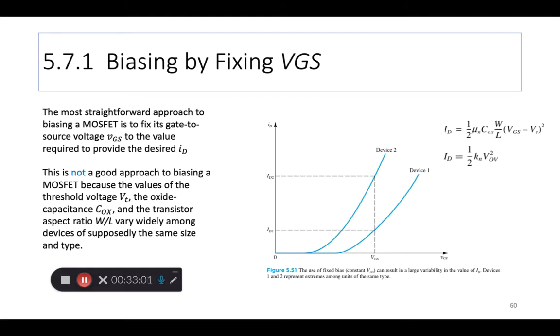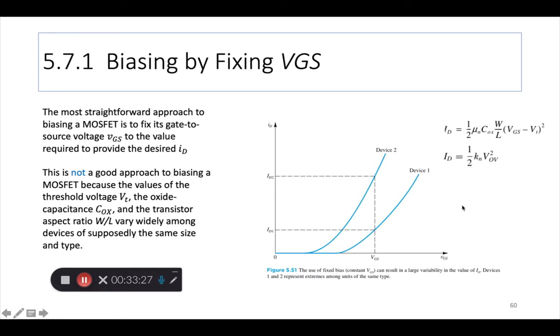You'll find that some of the important properties, such as VT and COX for a MOSFET, are not the same. So even though you thought you had one circuit that worked very well for one transistor, it's not going to work so well for another transistor of the same family. So you have to have some means to account for the manufacturing variations that naturally occur.